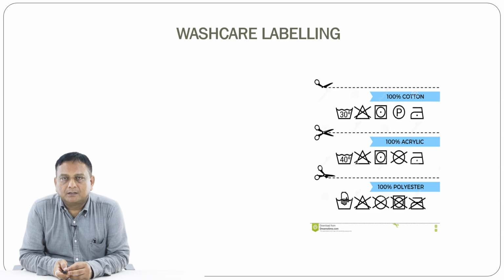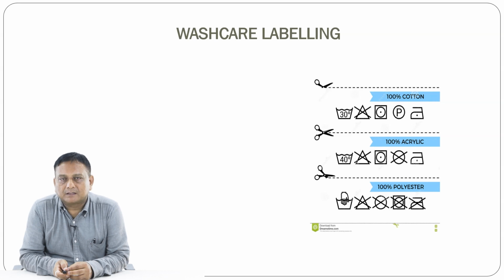Now you can see in the figure that different types of wash care are there, and each wash care symbol is different, and it should be used for different kinds of garment. You can see the temperature ranges, 30 degrees, sometimes 40 degrees, then hand wash symbols are also there. Bleaching is not permitted, so it is crossed sometimes.